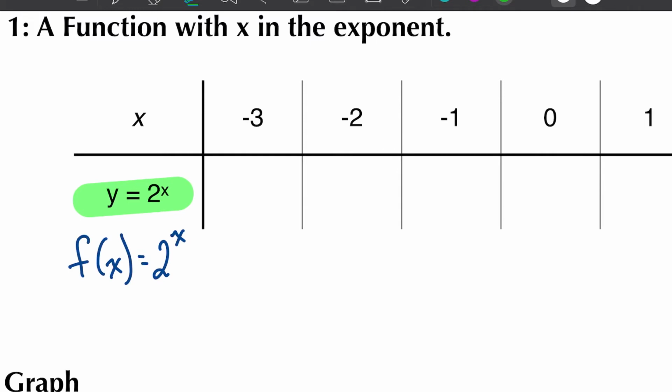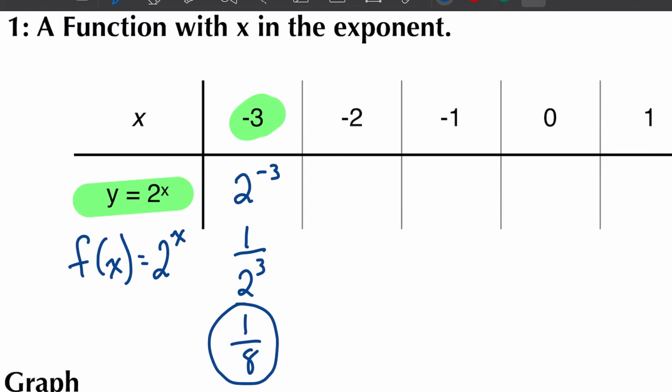We have our table of values. We're going to put -3 in, and that is going to give us 2 to the power of -3. Now 2 to the power of -3, if you'll remember, is 1 over 2 to the power of 3, which is 1 over 8. It's our fraction 1 over 8.